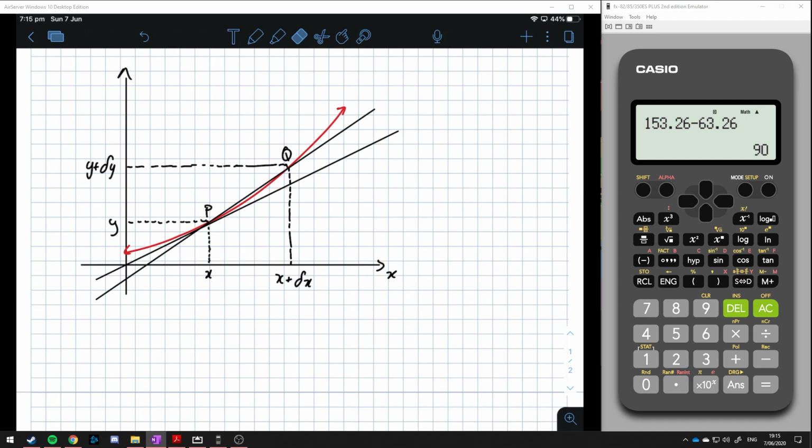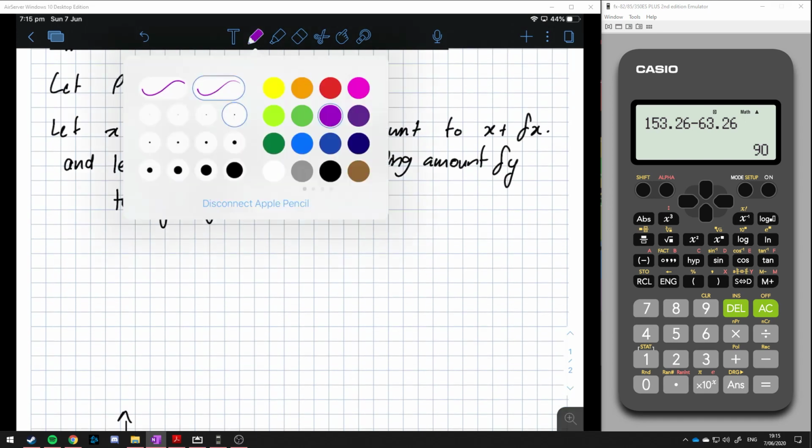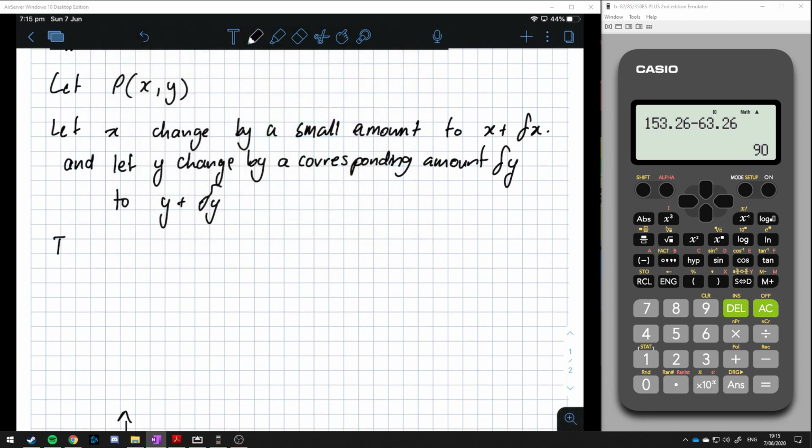So what we're going to do is state that we've got a second point, Q, on here, which is at the point (x plus delta x, y plus delta y), okay?